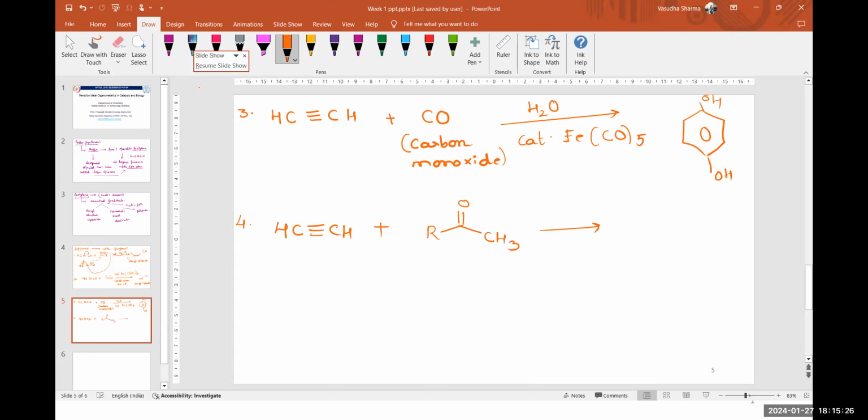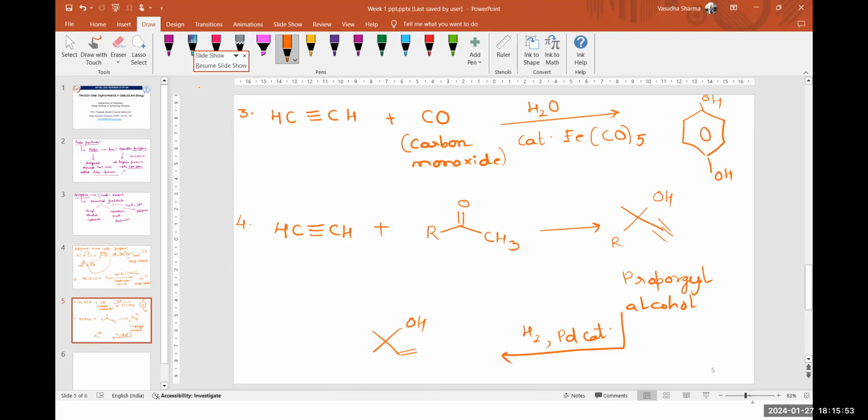It will first form this alcohol, which is called propargyl alcohol, which on further hydrogenation in presence of palladium catalyst and hydrogen gas will give you OH, and here it will form a double bond, and this is called allylic alcohol.